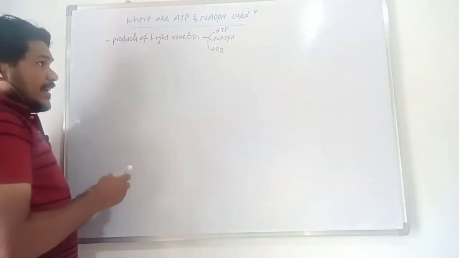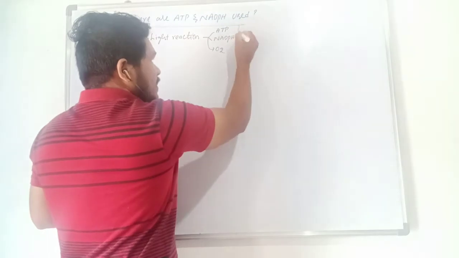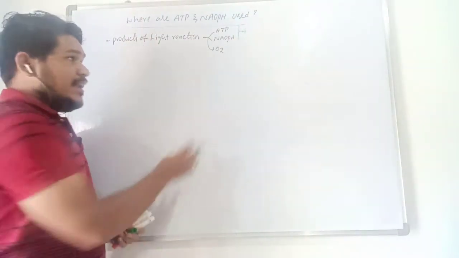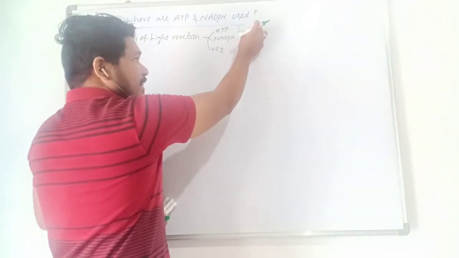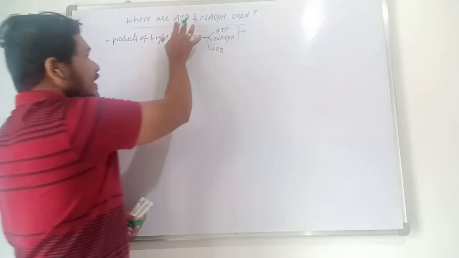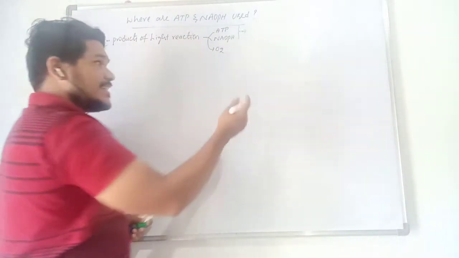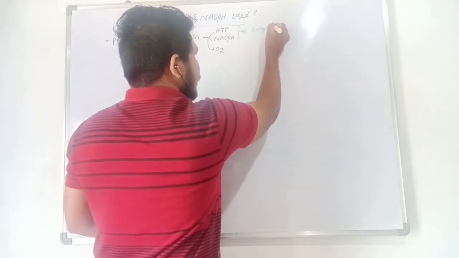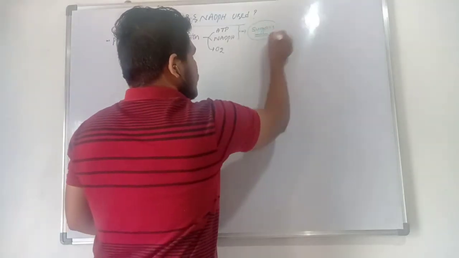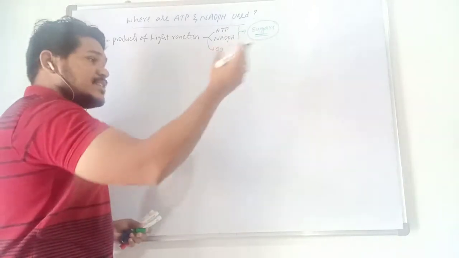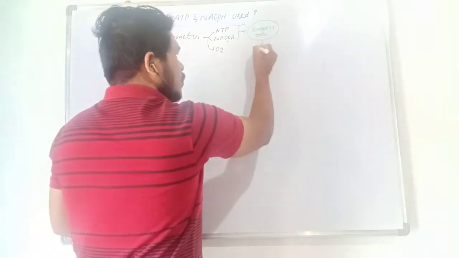The ATP and NADPH molecules are further used in the dark reactions for the synthesis of sugars. More accurately, the synthesized sugar molecule is glucose.